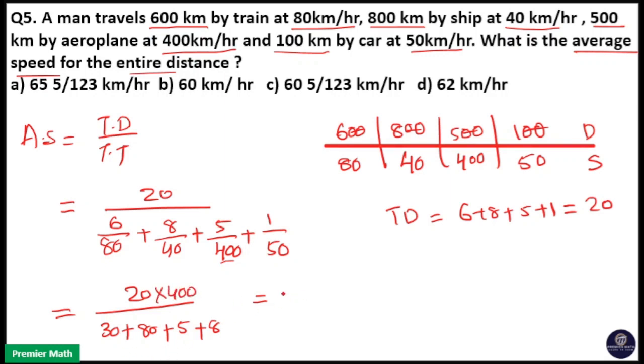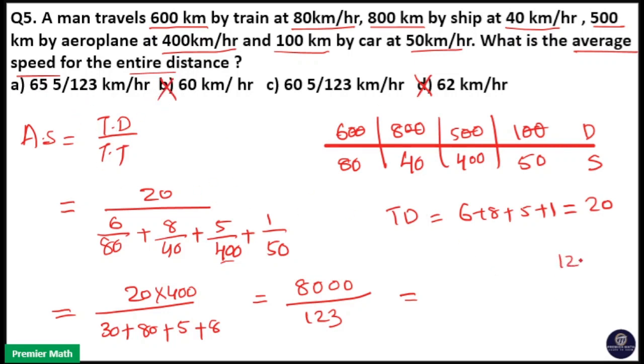That is 20 into 400, that is 8000, divided by 80 plus 30, 110. 110 plus 5 plus 8, 13. So 123. Here 8000 is not completely divisible by 123. So option D and option B are eliminated.